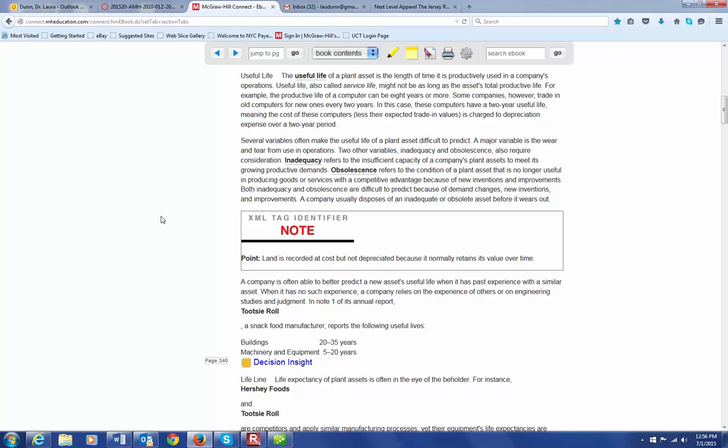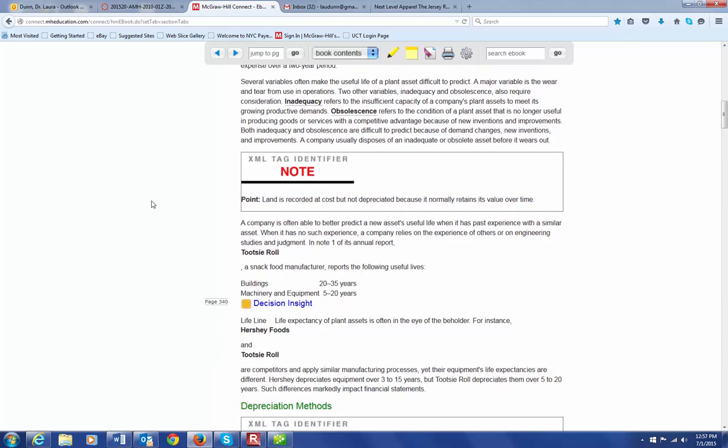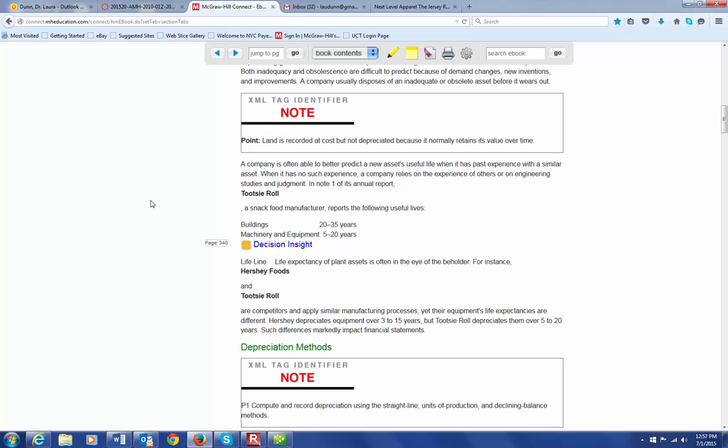Maybe in the beginning it was, but after 2 or 3 years, it's no longer able to do it for you. And obsolescence is that it's not useful in producing those goods or services anymore. That particular piece of equipment has become obsolete in the industry. So you usually dispose of it, and you may be able to get some money for it at that particular point in time.